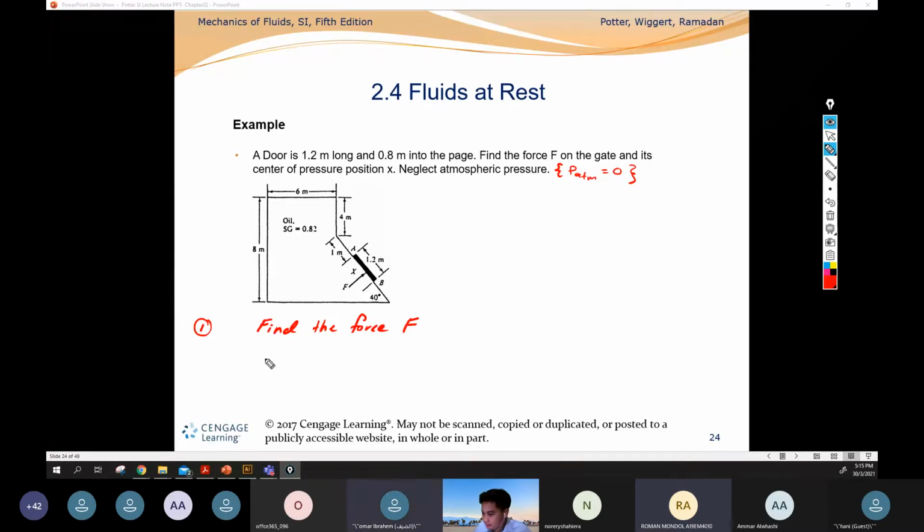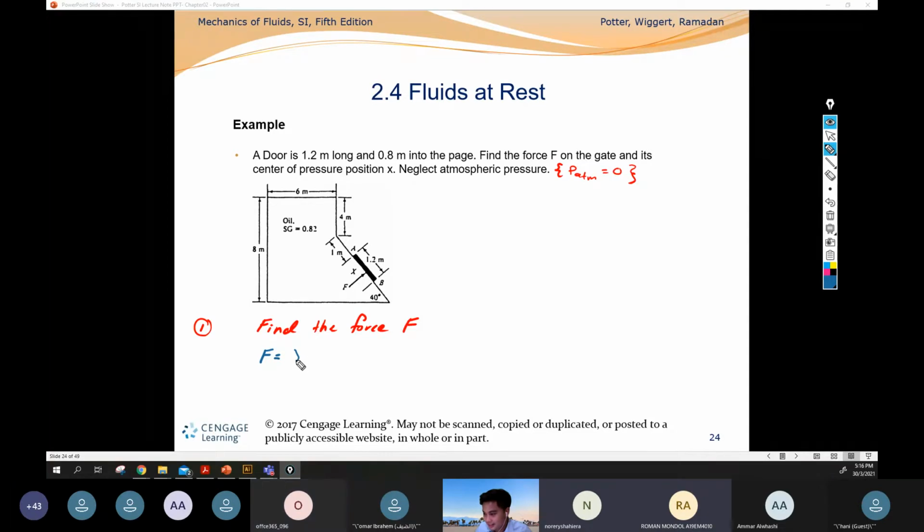The resultant force F equals rho, or gamma also can be considered.